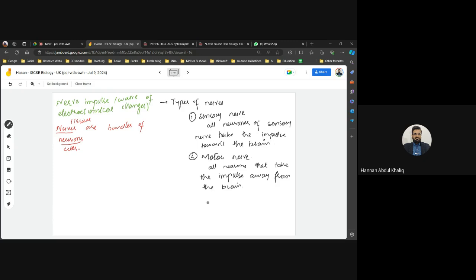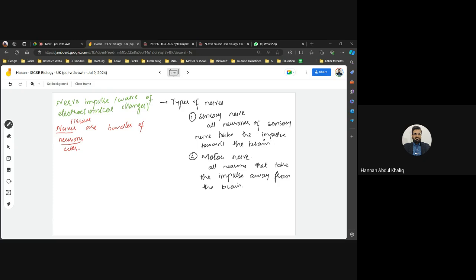Wherever they are leading it, it's not our problem. While defining it, you would not say where the impulse is being taken. You would just say the impulse is being taken away from the brain. That would be the motor neuron and motor nerve.